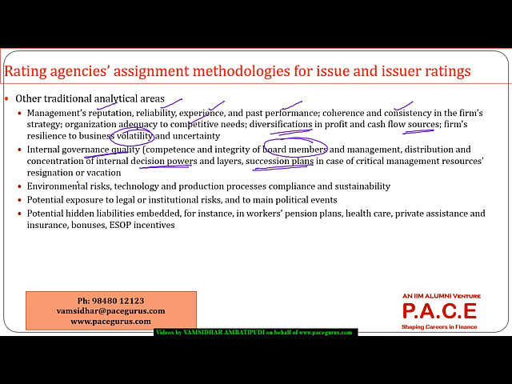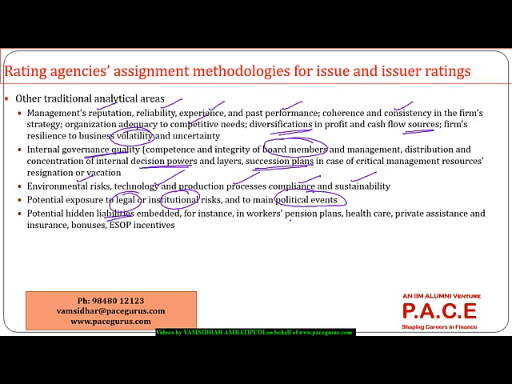Similarly, the other dimension comes from the environment, technology, the production process, compliance, sustainability, legal risk, institutional risk, political events, to what extent all these are vulnerable to the various political events. And finally, there is a possibility to look at the various embedded hidden liabilities. What are the kinds of various insurance aspects that are there, the pension plans that are there, the healthcare services that the company is providing to its employees, right?